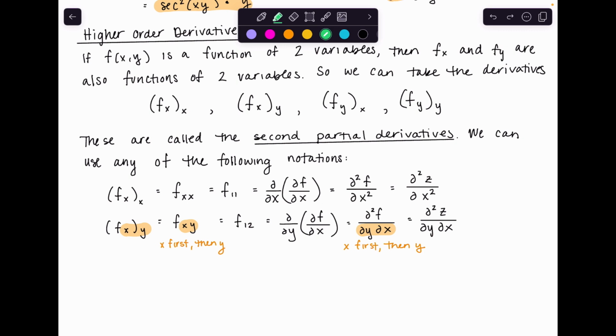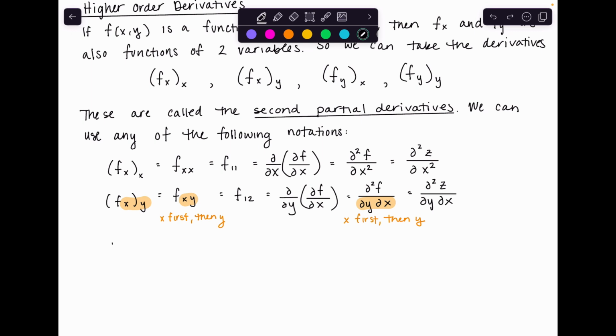If it's a nice function, that will happen. So if I go to find this one instead, I start with differentiating with respect to y and then x. The notation here would be yx, again, y first, then x, or starting with differentiating with respect to the second variable and then the first.